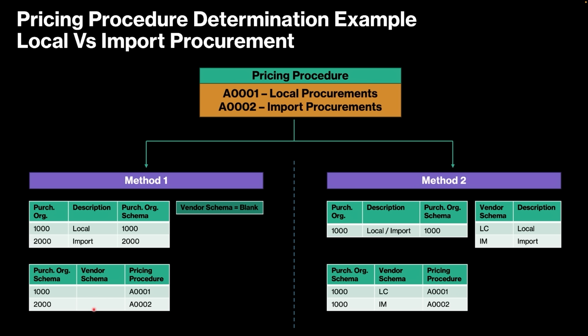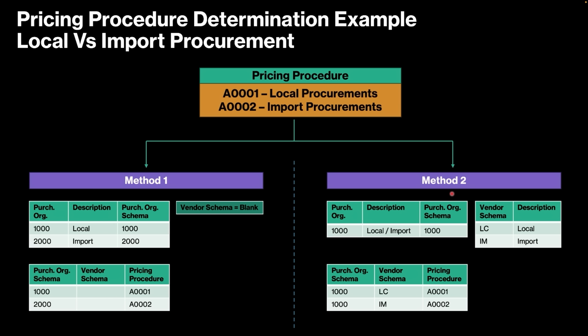So the end user will have to enter the appropriate purchase organization, and based on the purchase organization which is entered in the purchase order, system will determine this purchase organization schema, and through this purchase organization schema, system will determine the appropriate pricing procedure. So in this method, the end user has to enter the correct purchase organization in the purchase order. Through that, the correct pricing procedure will get determined.